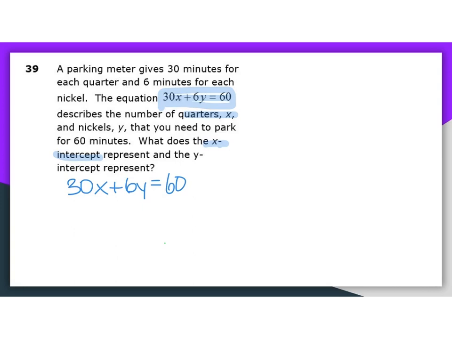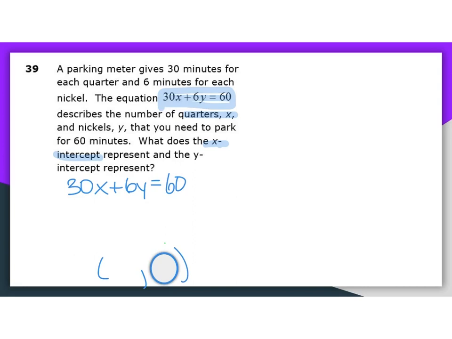When we're looking for the x-intercept, the y value is 0. So in our ordered pair, I'm going to have a 0 in place of y. This is where I said that we could do the cover-up method. If y has a value of 0, I can substitute that in place of y.